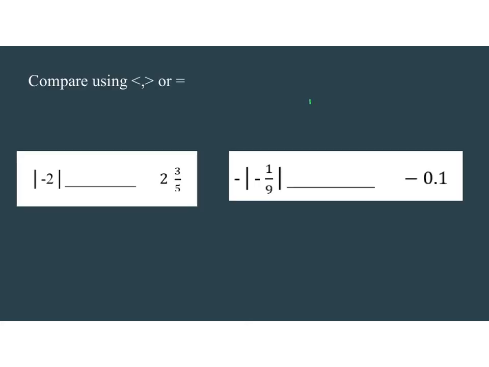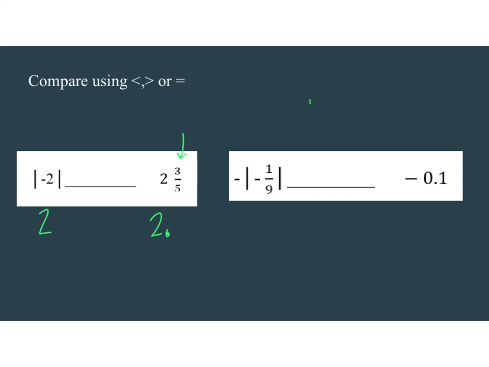All right, this next one here, we are comparing different numbers together. So let's take a look at our first one here. We've got the absolute value of negative 2. Well, the absolute value of negative 2 is 2. And we're comparing it to 2 3/5. So we know it's going to be 2 point something. So let's quickly figure out what that something is.